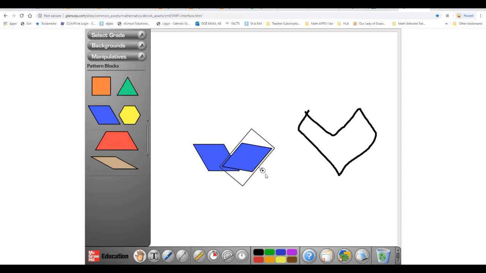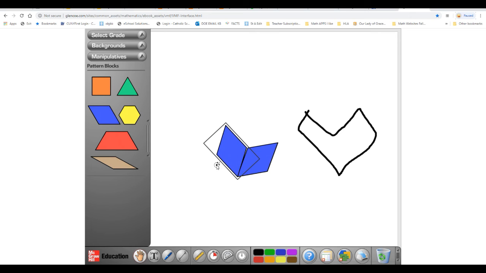Not quite. Maybe if I turn it around, does it look like that? Nope. Now it does. It looks like that. It's a little bit on a different angle, but that's fine.